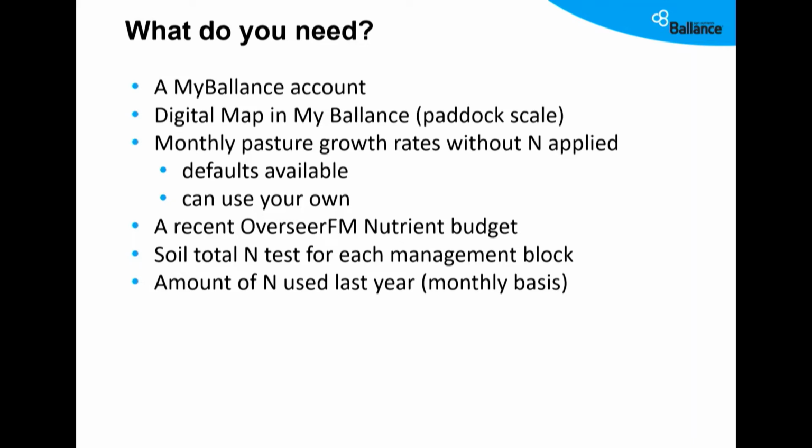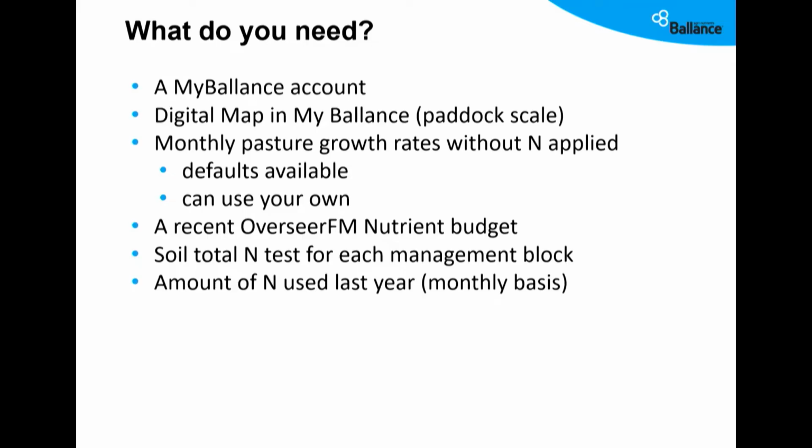And thanks to DairyNZ or your predecessors, there's a lot of those out there for dairy farms, but not so many for hill country sheep and beef properties. You can use those defaults that are available, we've got them in the model, or you can use your own if you do have that data. And a couple of sheep and beef properties down the east coast have supplied some data there.